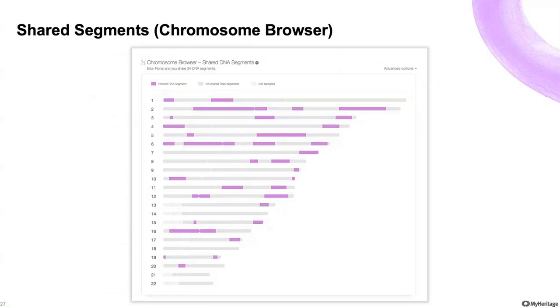So in this example, I'm looking at my cousin Elon, and you can see the 22 chromosomes shown right here. And the colored areas are the ones in which my DNA is similar to Elon's DNA in those specific locations. These are the shared segments that we have.